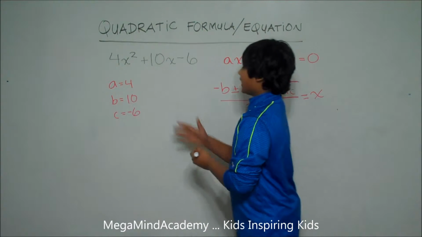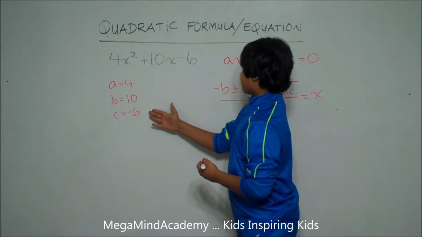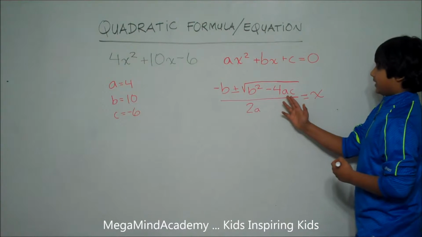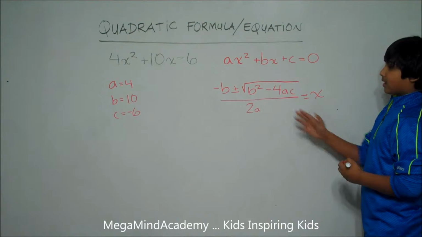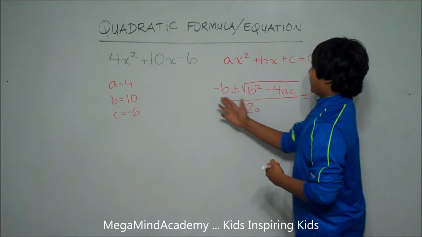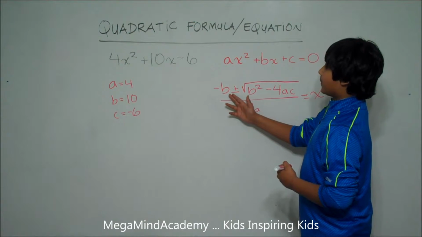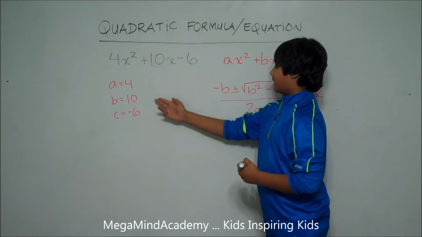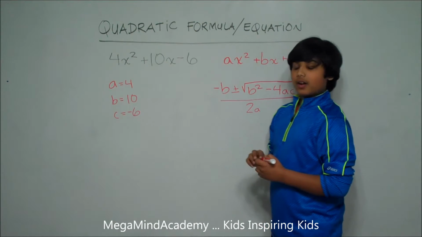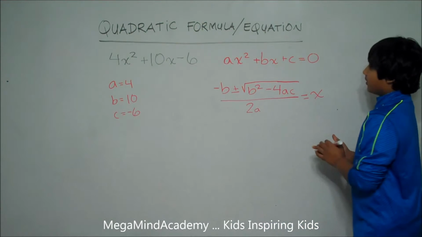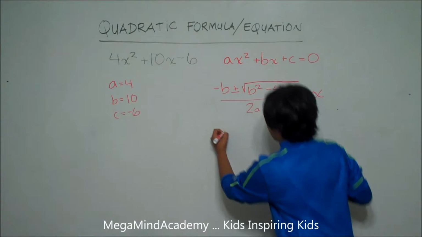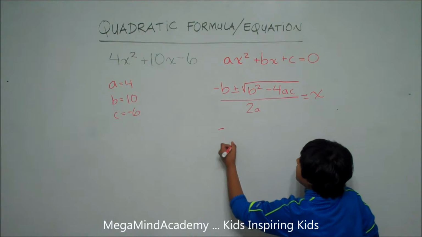And we're going to plug in these numbers for a, b, and c in this equation. So, for example, if it's negative b, we're going to put in negative 10 because b is equal to 10.